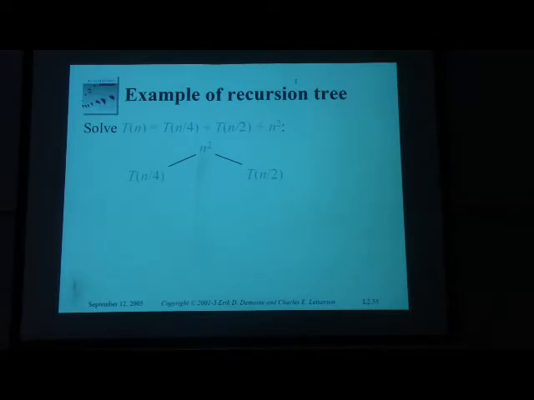What's going to happen here in the actual work? Well, the n comes in, and the actual work is squaring the size. So this is going to be n over 4 squared, which is n squared over 16, and this is going to be n squared over 4. So the work being done at level 1 is different here and here. Which one has more work, left or right? Right.